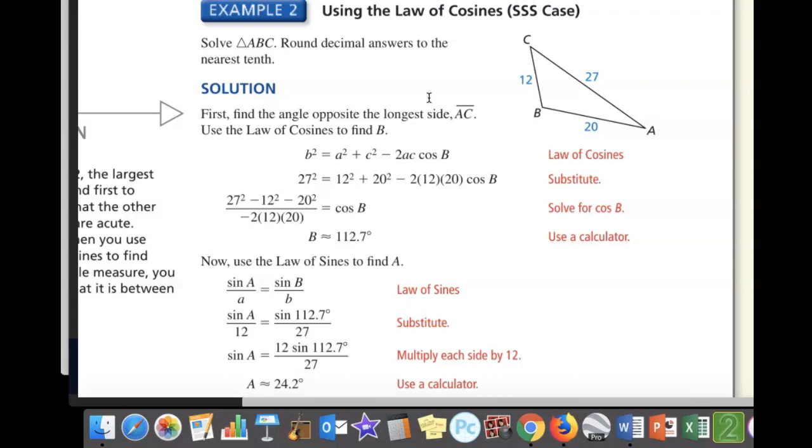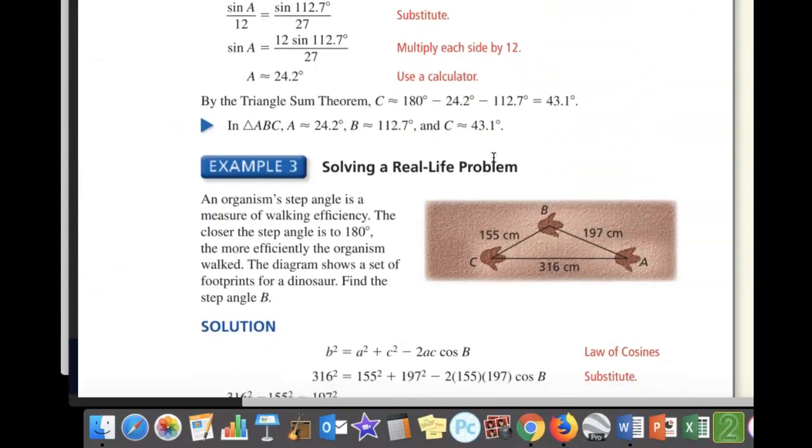This ensures that if it is an obtuse triangle, the two angles you're going to be finding using law of sines are going to be acute angles, which means you do not have to worry about the ambiguous case. So it's not essential, if you have a side, that you start with the angle opposite the largest side, but it definitely makes your life easier, and the process is the same.